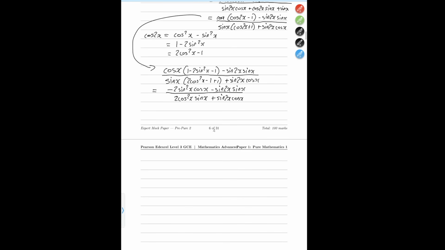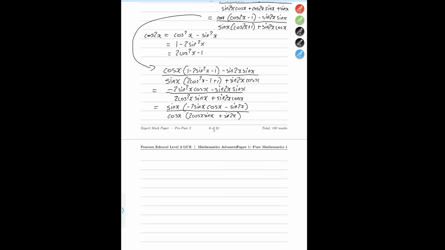So I can kind of see that if we sub out this sine of x in the top, we'll get minus 2 sine x cos x minus sine 2x. Do the same on the bottom. We sub out our cos x instead. We'll get 2 cos x sine x plus sine of 2x.